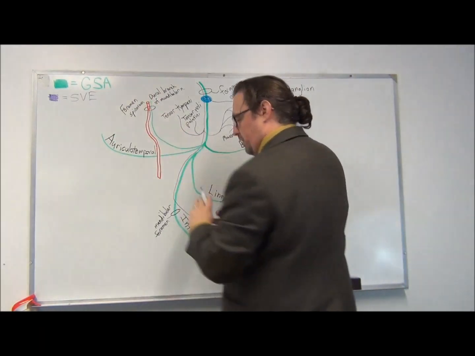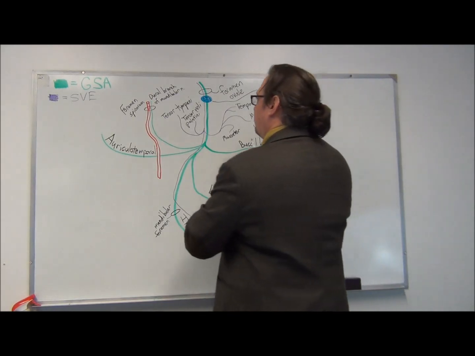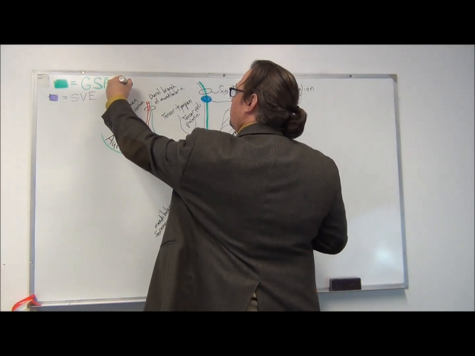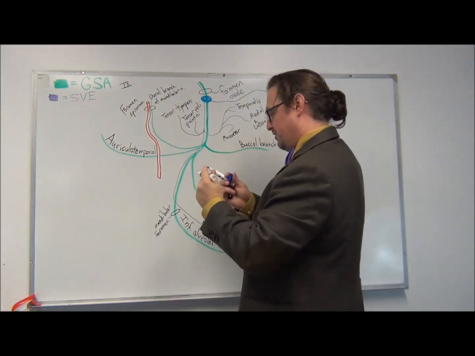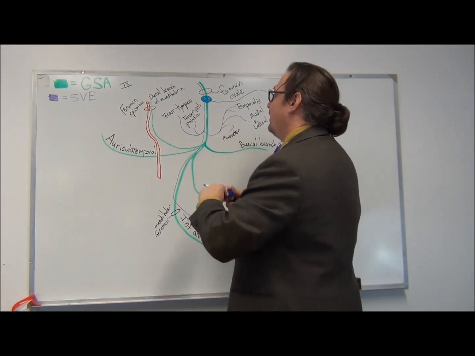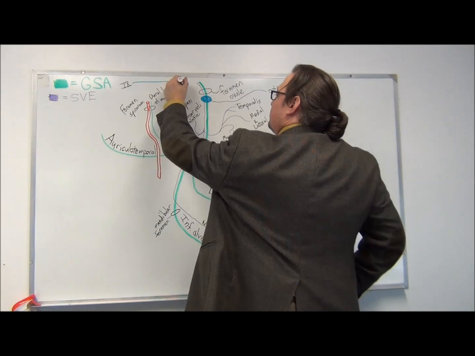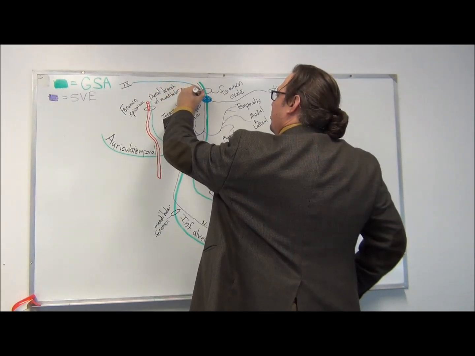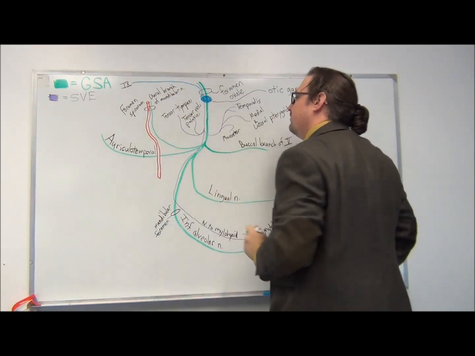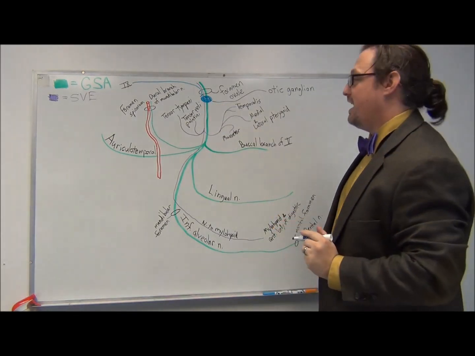So from cranial nerve 9, we have the lesser petrosal nerve. One of the many things cranial nerve 9 does. And that lesser petrosal nerve travels through the petrous temporal bone, jumps down through the foramen ovale, and then synapses with cell bodies in the otic ganglion.